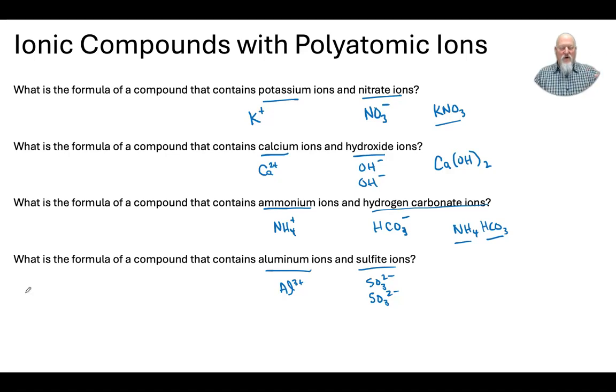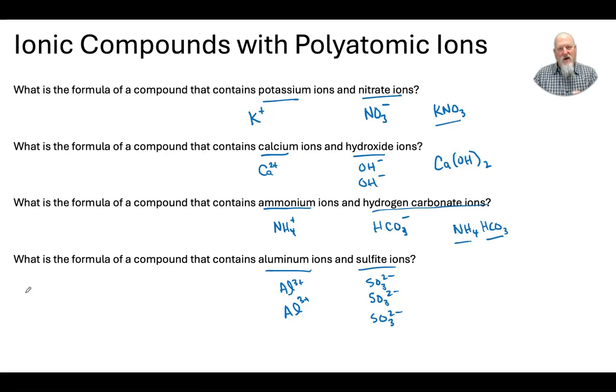So now if I put 1 aluminum with 2 sulfites, I've got more negatives than positives. I've got 4 negatives and just 3 positives. So I'm going to need another set of positives. So now there's 6 positives and 4 negatives. Clearly I'm going to do more negatives. So now there's 6 negatives, 2, 4, 6, and 6 positives.